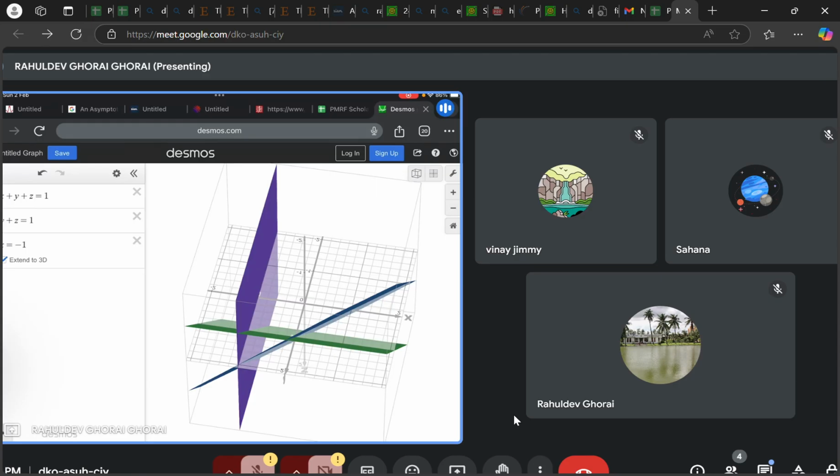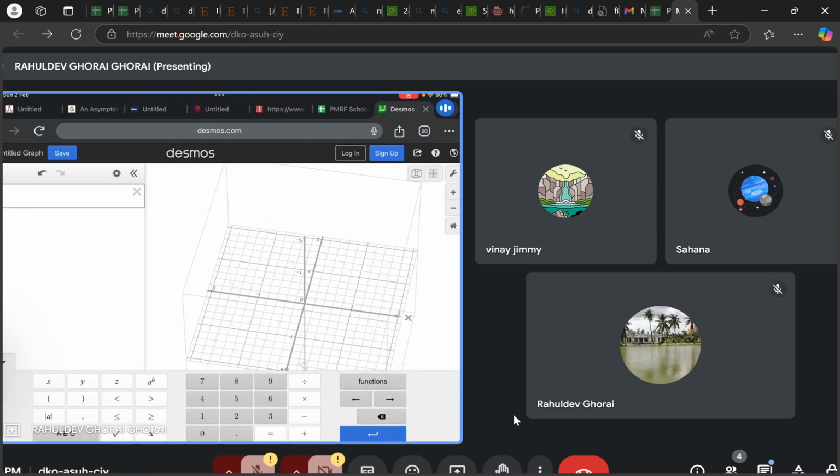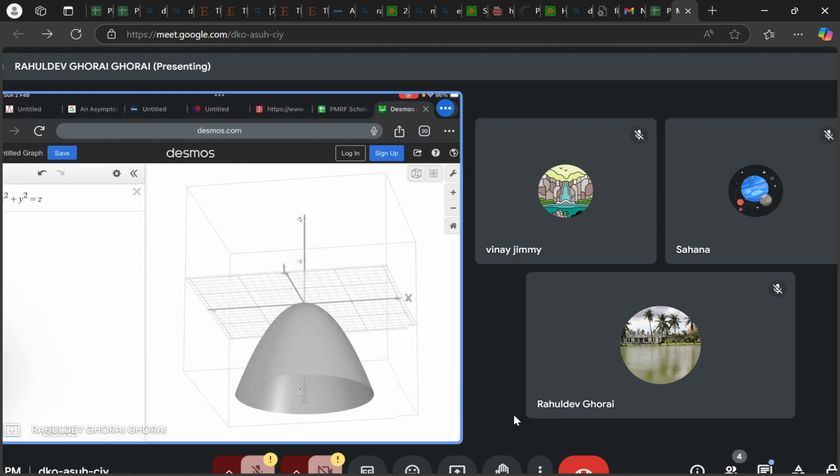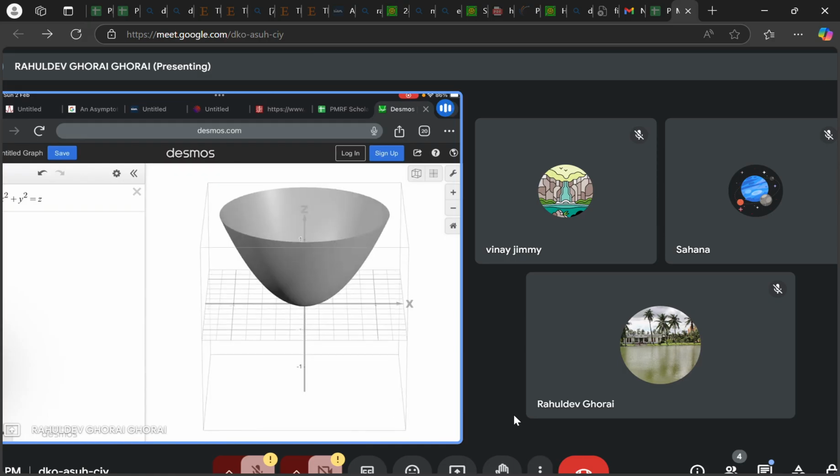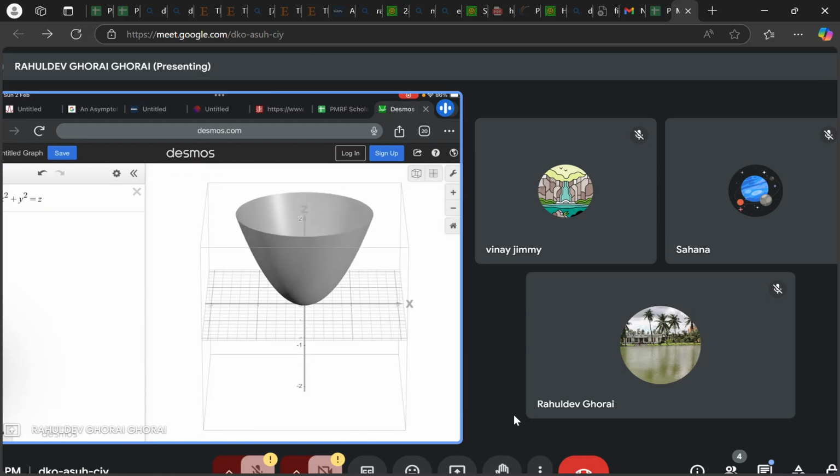But if it's a different surface, let's say it is a surface like x to the power 2 plus y to the power 2 equal to z, right? If you have this type of surface, this is not the function of which you have to find the integral.